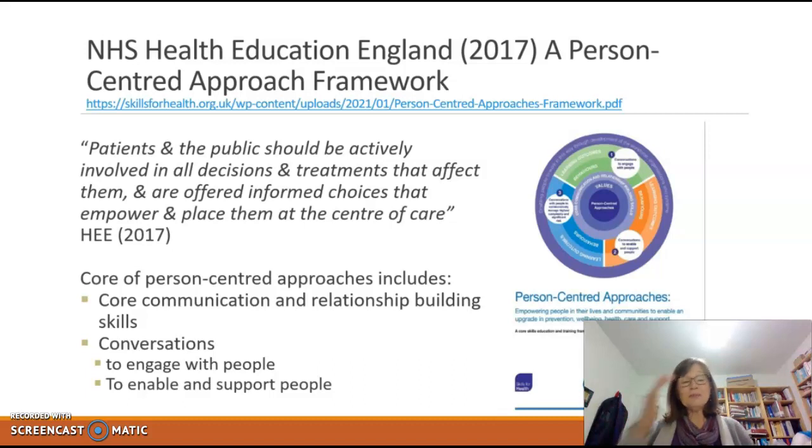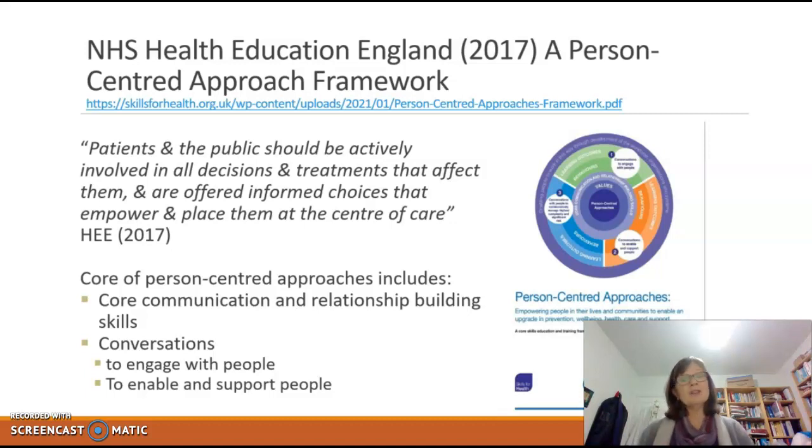More recently, we've had the NHS Health Education England person-centred approach framework. And I think this is probably one of the most important things to get a grip of. And the key message here is that patients and the public should be actively involved in all their decisions and treatments, and that includes dietetic treatment. They're offered informed choices. So which is the best option here? What is the doing nothing option?